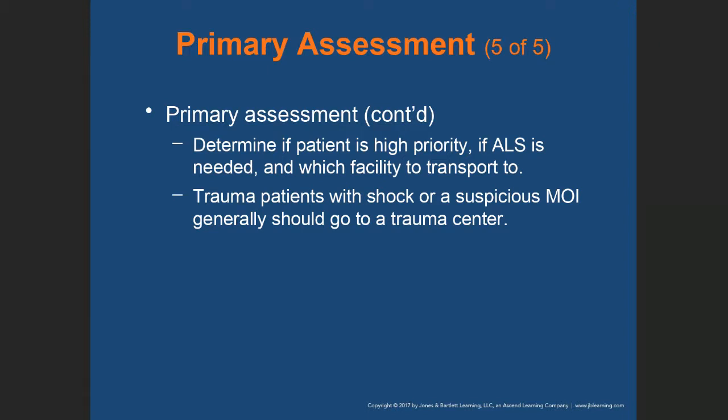The level 3 trauma center has specialties, but they are on call. So they have to request that doctor who specializes in whatever area to come in. They are not at the hospital. And a level 4 hospital can only provide ALS treatment.